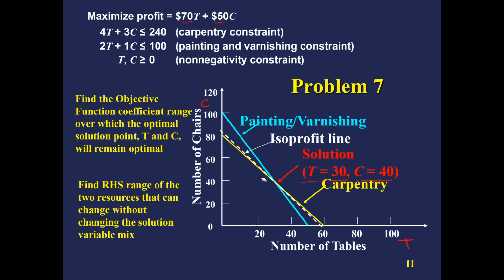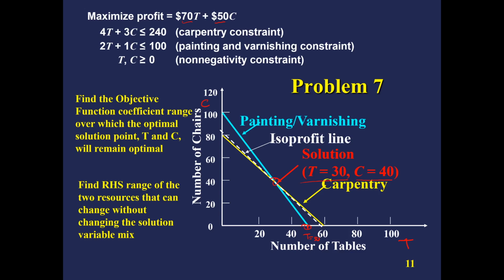If you move this yellow line towards the origin, decreasing the right hand side, the constraint keeps the same slope but moves toward the origin, and the corner point will start moving downward until it reaches the point where T is equal to 50 and C is equal to 0.